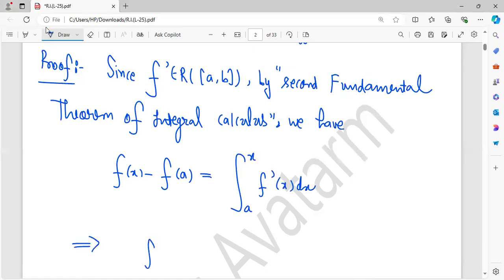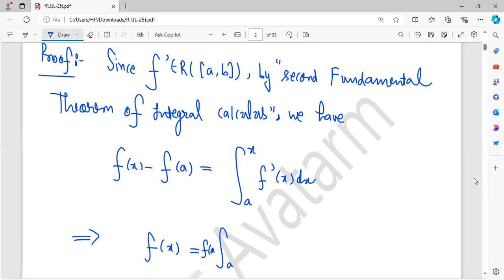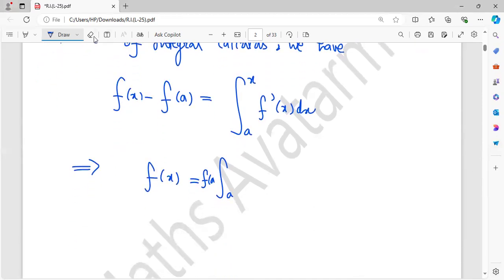So it means f(x) is equal to f(a) plus the integral from a to x of f dash x dx.